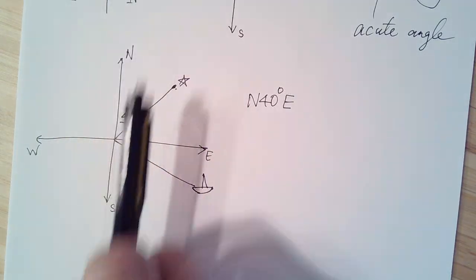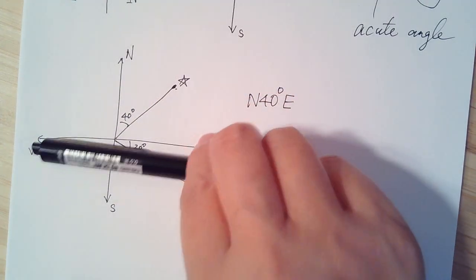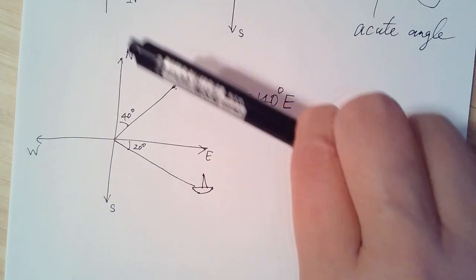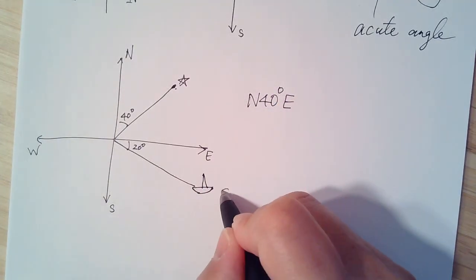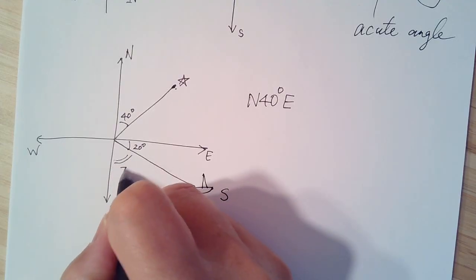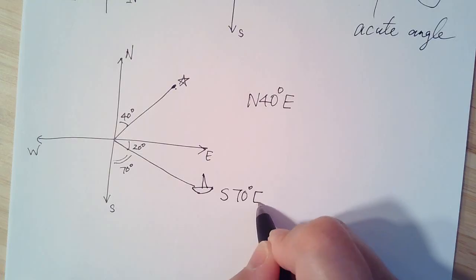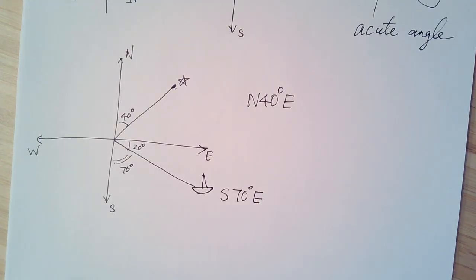Always start from this vertical line all the time. Because it's under this line, we're going to start from south, not north. So it's going to be S, and what is this angle? That's 70, isn't it? So it's going to be S 70 degrees E. Got it? So that's a quadrant bearing.